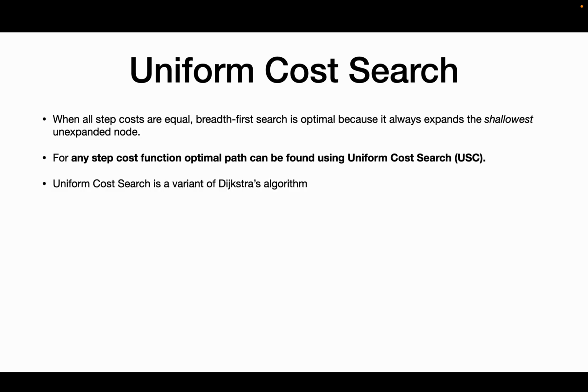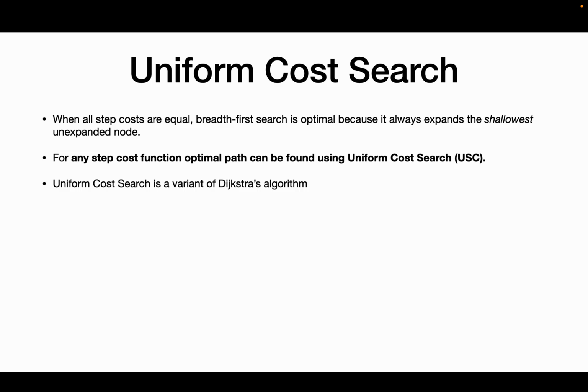And uniform cost search is actually a variant of Dijkstra's algorithm. Dijkstra's algorithm also attempts to find the shortest path from a source node to the goal node. But there we explicitly need to have the information of all the vertices, whereas uniform cost search slowly increases the queue and we try to reach the goal state.